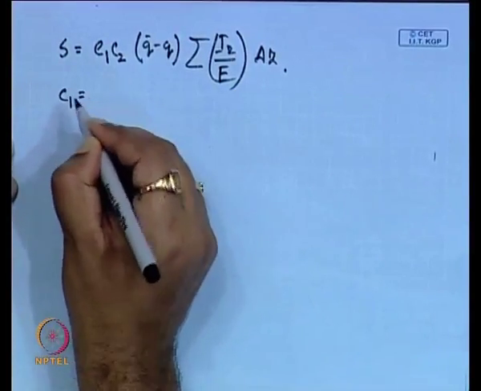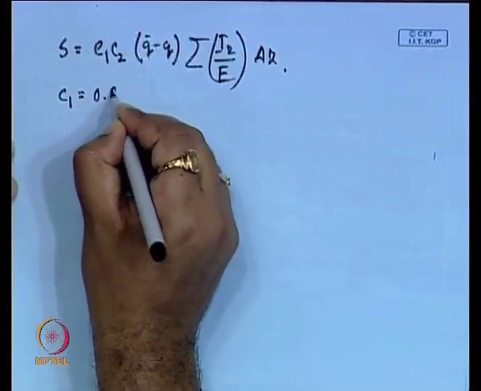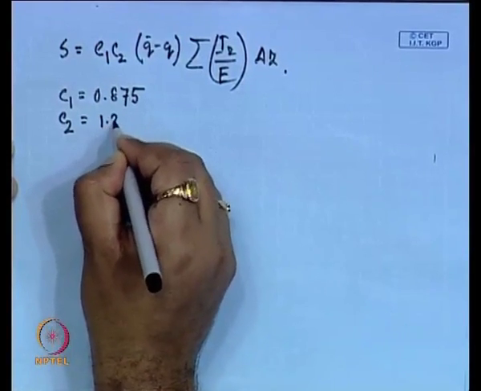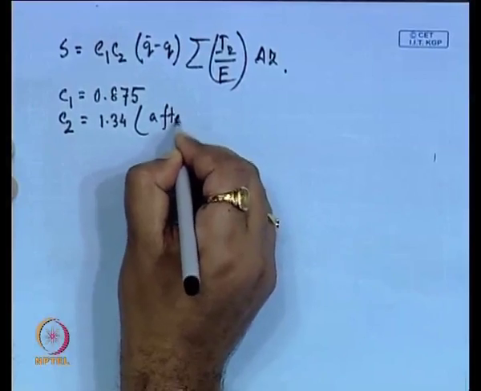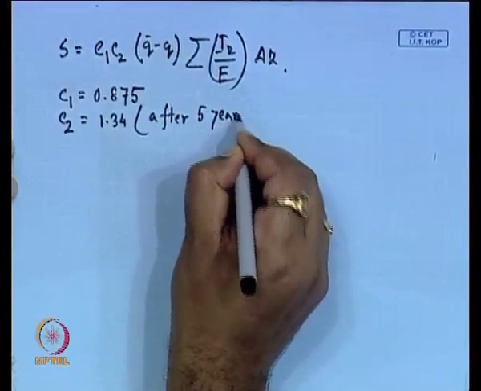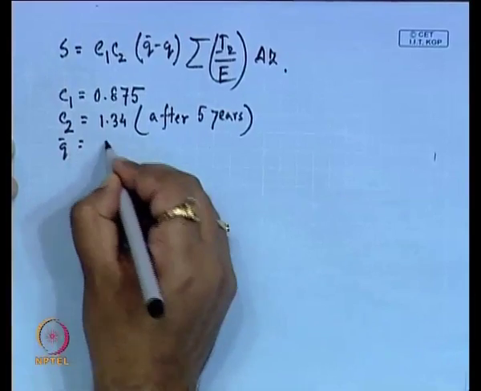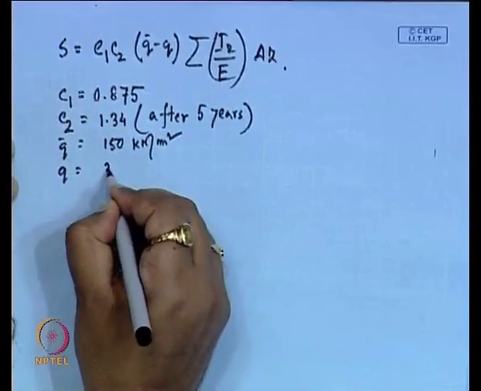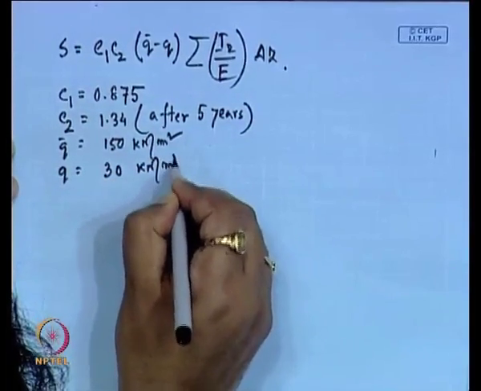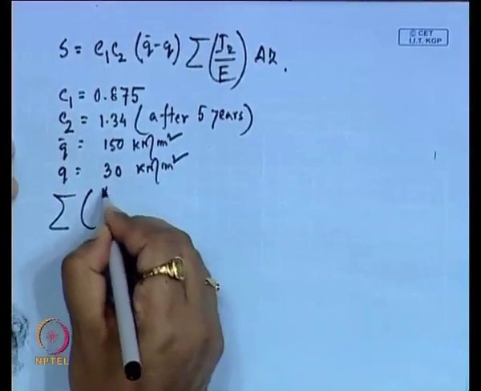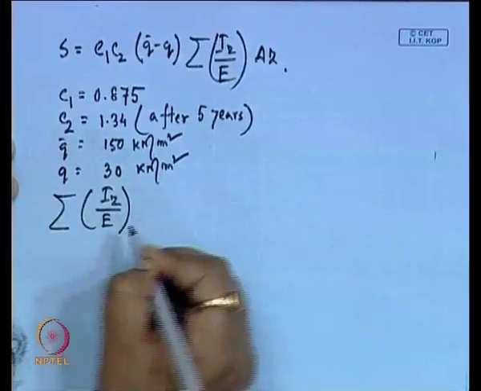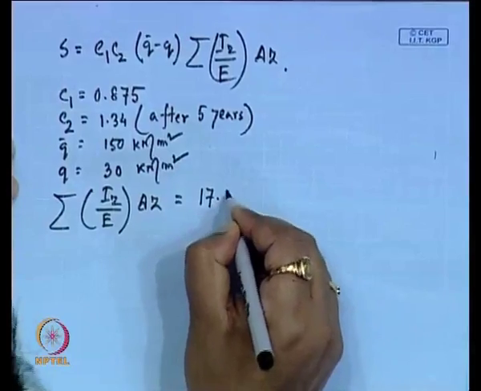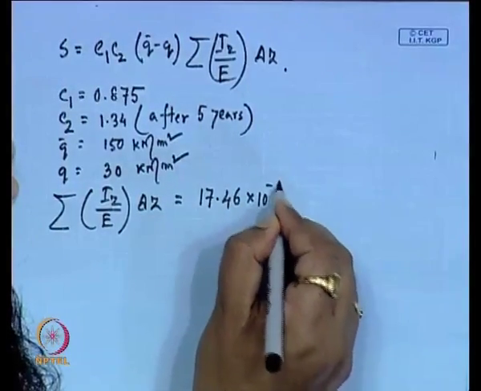Now, the C1 value is 0.875, C2 is 1.34, this is after 5 years. q bar is 150 kilonewton per meter square, q is 30 kilonewton per meter square, and summation of Iz by E into del z is equal to 17.46 into 10 to the power minus 5.